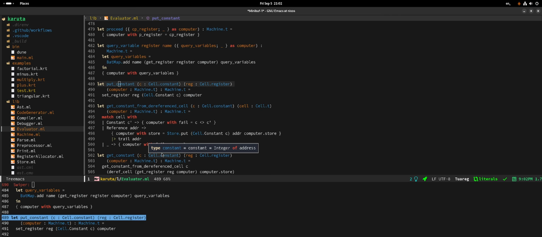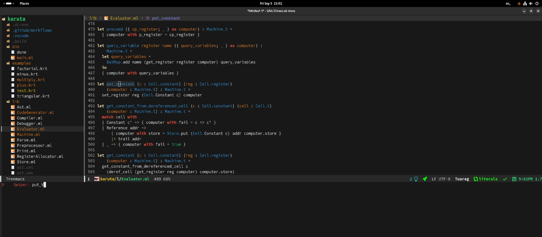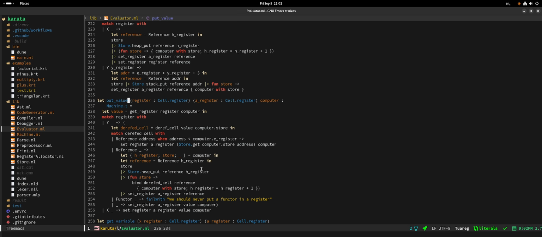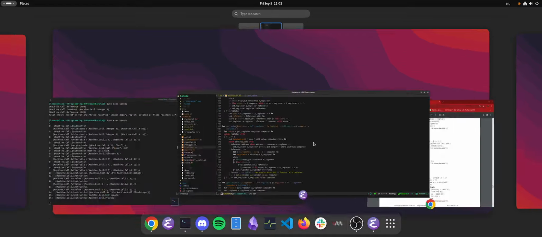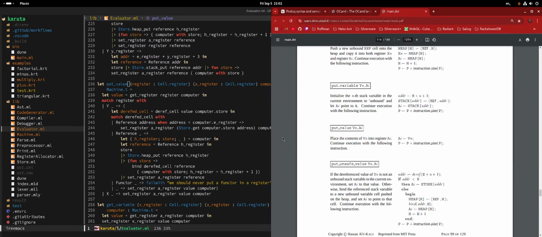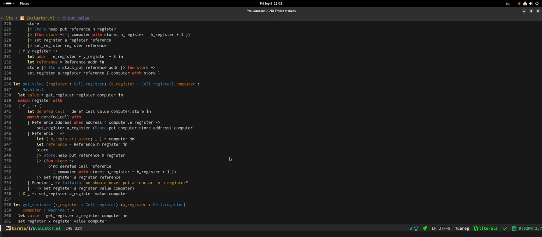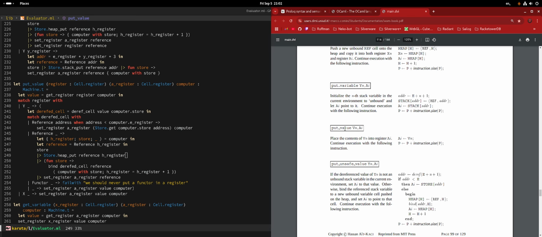Put value. Wait, in the second book it doesn't do anything, right? Because they just say, okay, put this in a register. We do actually a lot more.